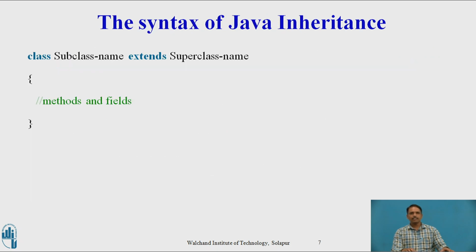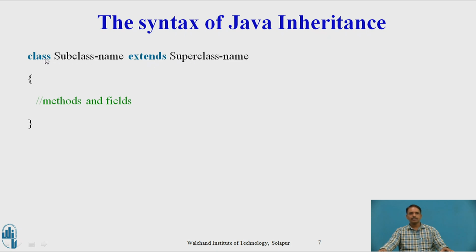Now let us understand the syntax of Java inheritance. To inherit any other class, we can use the following syntax. It starts with a class definition with the keyword class followed by the subclass name, which is extending another superclass.